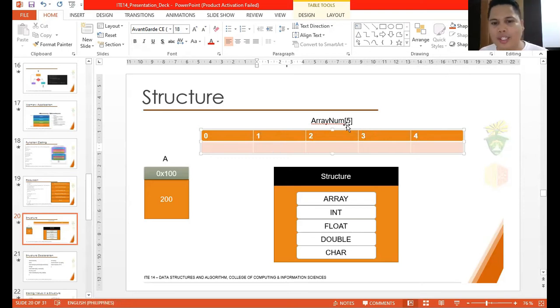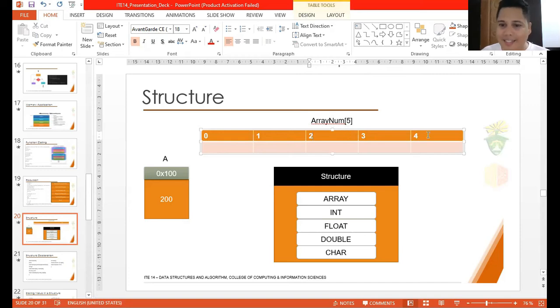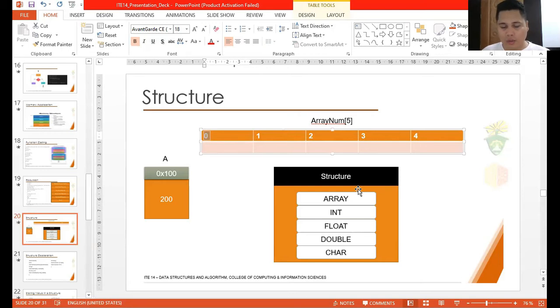With this illustration, given an array size of 5, the maximum index that we can access, in terms of storing and accessing in our array, is the array size minus 1, which is 4, since our index starts at 0. So you count 0, 1, 2, 3, 4.